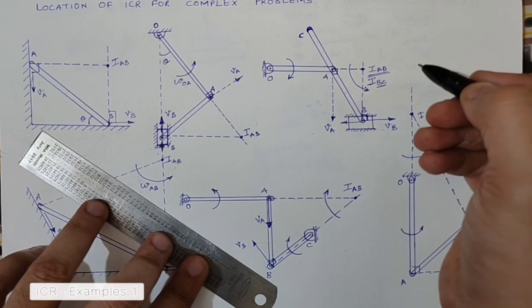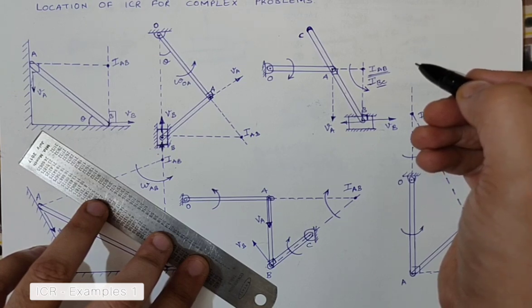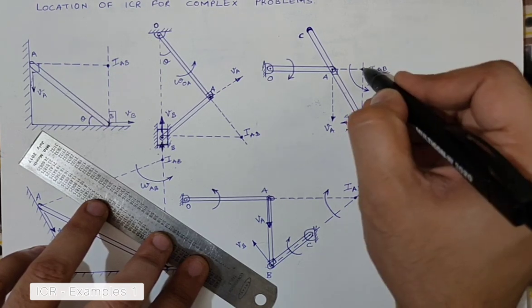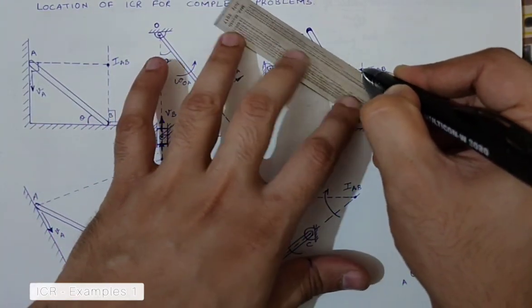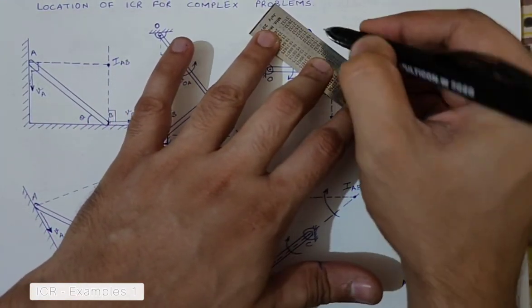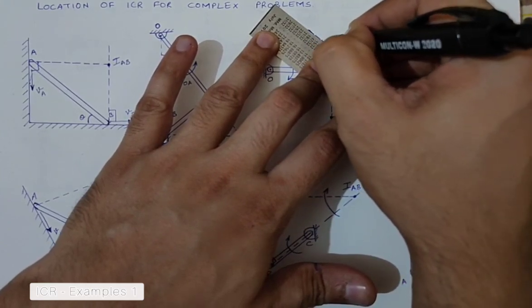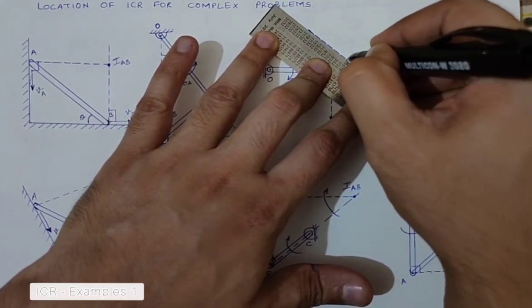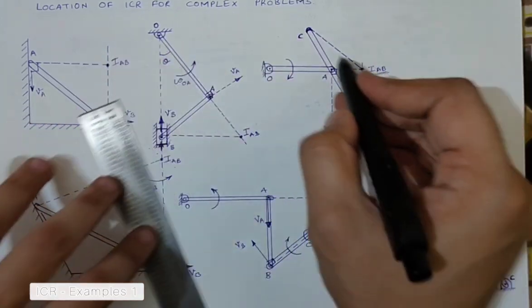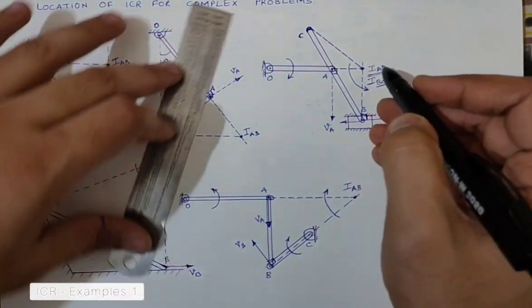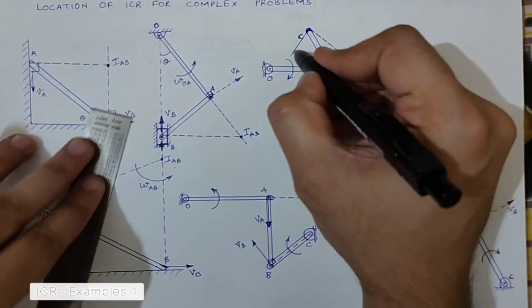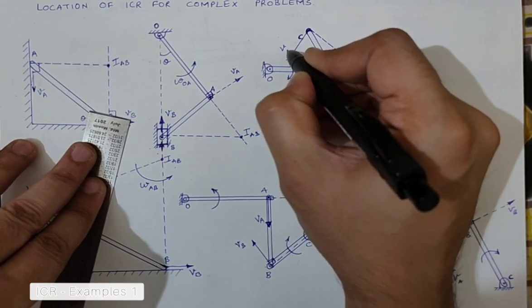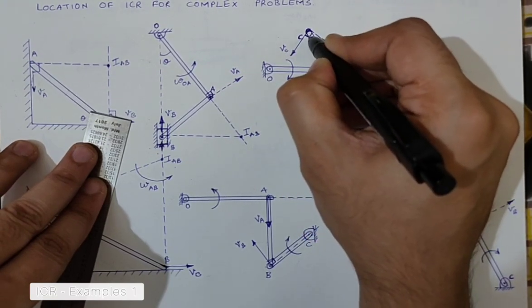If I want to find the velocity direction, or even the velocity, of any other point on the same link, I can use the same ICR for this given instant, join those two points, and now if I draw a perpendicular to this joined line, this perpendicular will give me the velocity at point C.